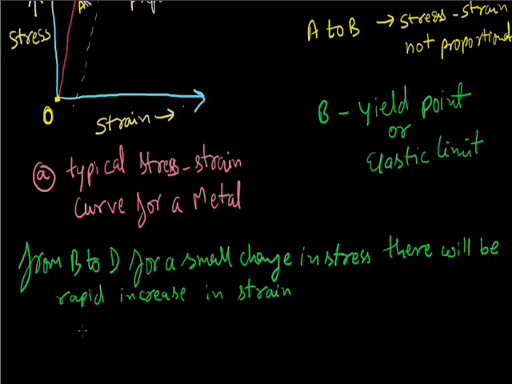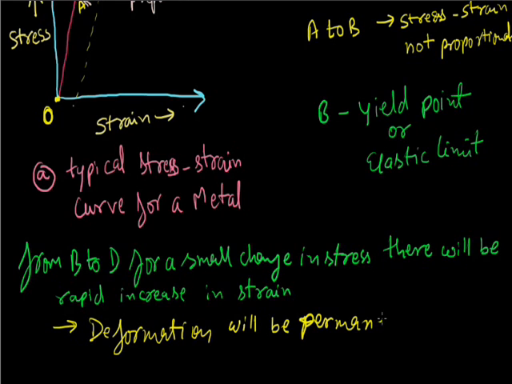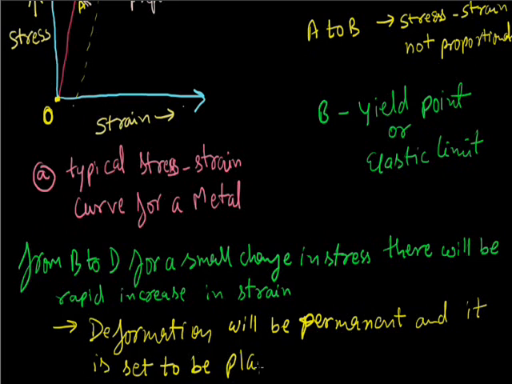Between B and D, the deformation is permanent and is said to be plastic deformation.